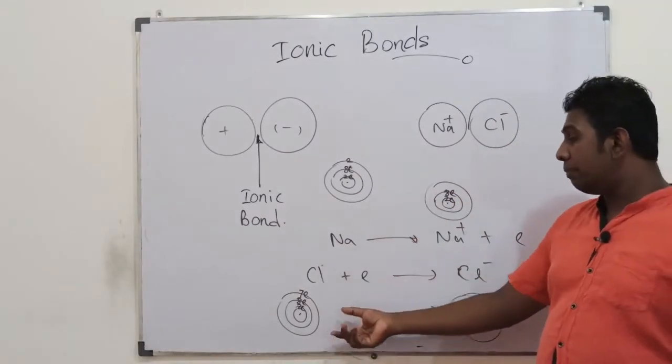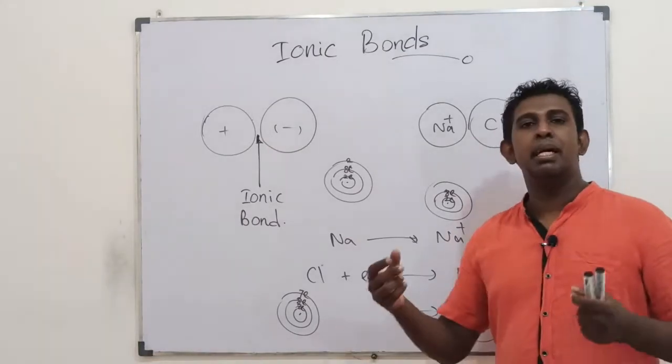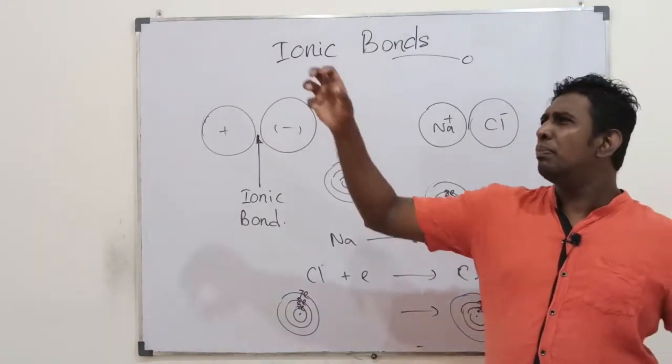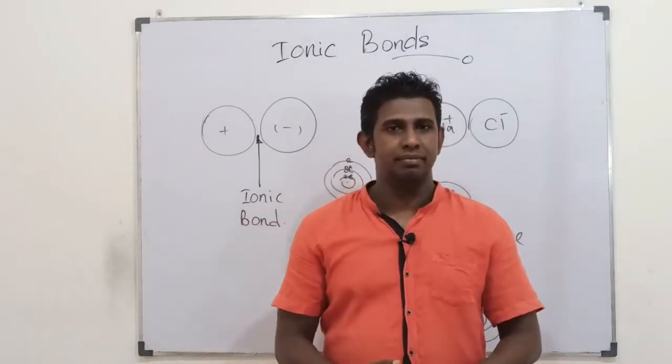Already formed Na+ cation and already formed Cl- anion: when you bring them close, they will get attracted.